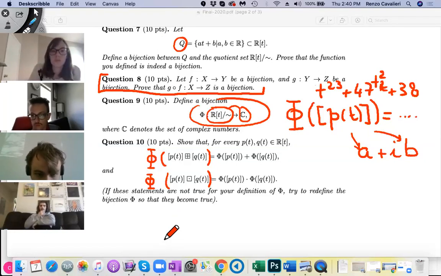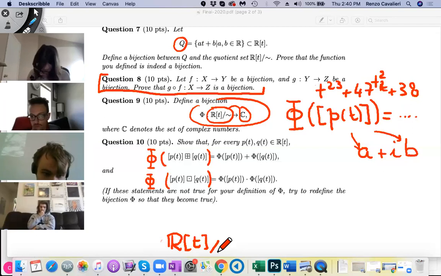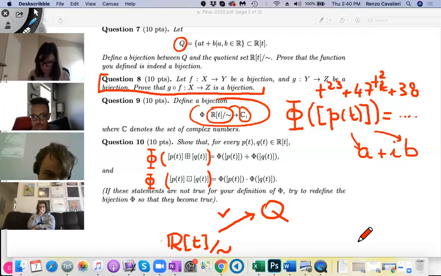Okay, so if you have a bijection from the quotient set R of t modulo the equivalence relation to Q, and this you already have. And now you can come up in an easier way with a bijection from Q to the complex numbers.